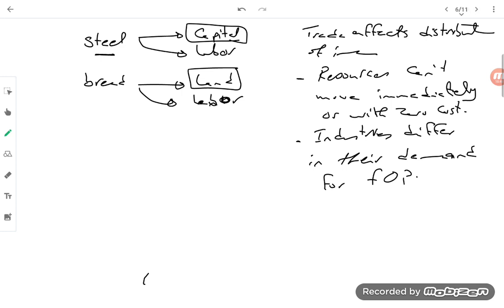Assumption number two: manufacturing products such as steel are going to use capital and labor. Assumption number three: agriculture products are going to be produced using land and labor. Number four, labor is a mobile factor that can be used in either sector.